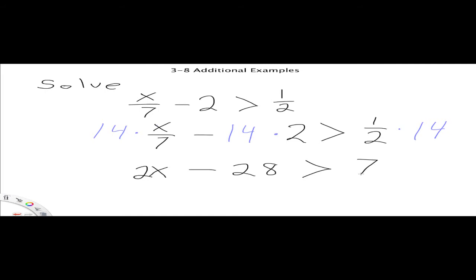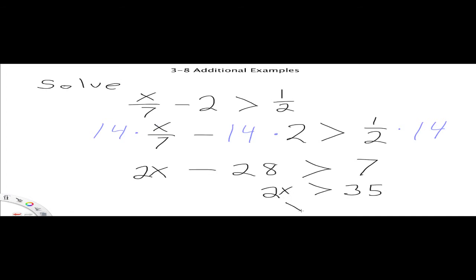Now we have something we can solve. We're going to add 28 to both sides of the inequality. 2x is greater than, what are we going to get here? 28 and 7 is 35. And so divide both by 2. 2 goes into 2 one time, leaving me with x.